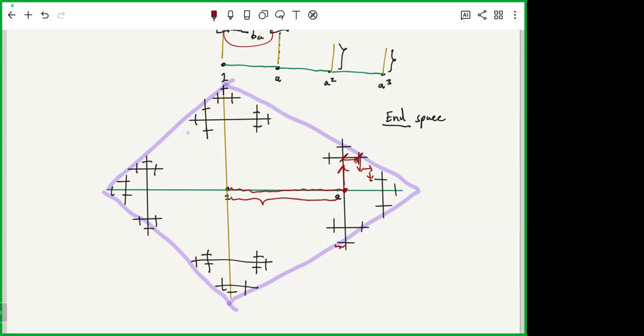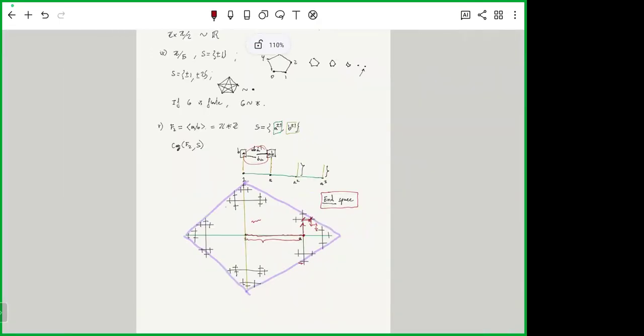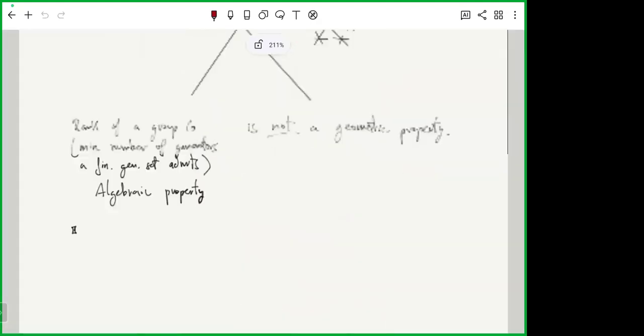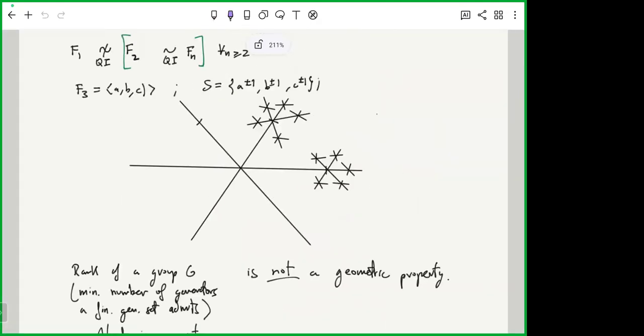So it is not the Cayley graph that looks like a Cantor set, but rather its end space. By observing that the same happens here, maybe I draw it like a hexagon, but in the end the end space will again be homeomorphic to a Cantor set.